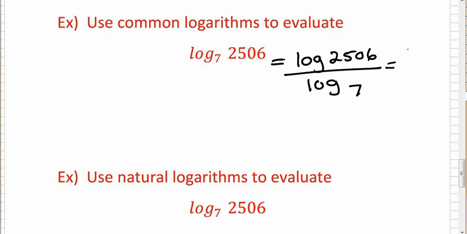Go log 2506 divided by log 7, and I should get 4.02.